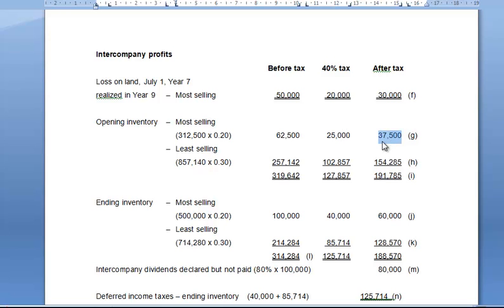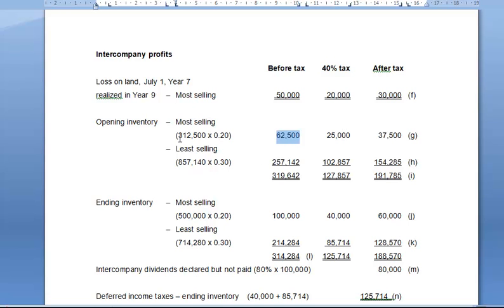Why is that important? Well, because this $25,000 in tax is going to have to be recognized this year in year 9 as increased income tax expense. The reason why is because if this was profit that was sitting in the opening inventory, by the time you got to the end of year 9, which is the year for which we're doing consolidated statements, that means that this profit was realized.